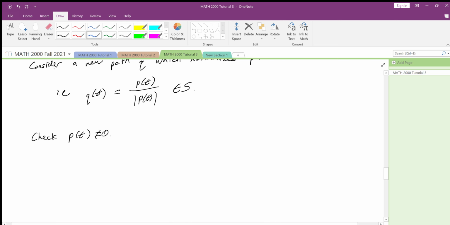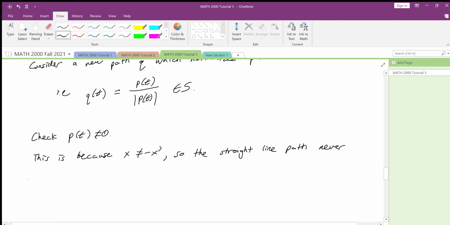So let's write that out. P of t is not 0. This is because x and x prime are not diametrically opposite, so the straight line path never goes through the origin.